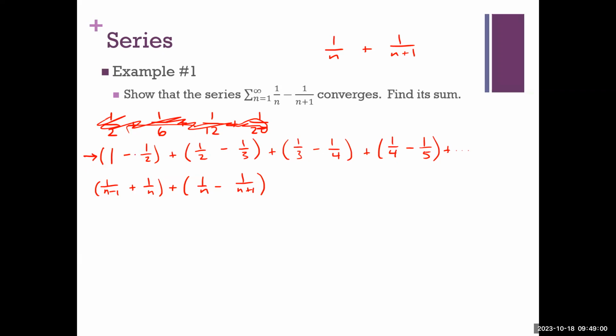Because these inner terms are going to cancel, right? What about when I move on to the next pair? Same idea, right? The thirds are going to cancel, then the fourths. And then that's going to continue indefinitely.